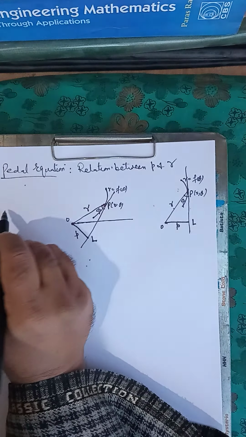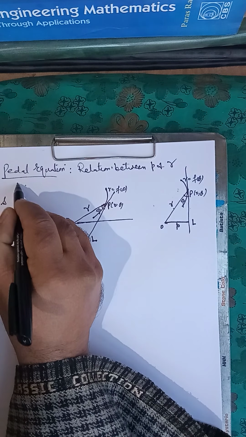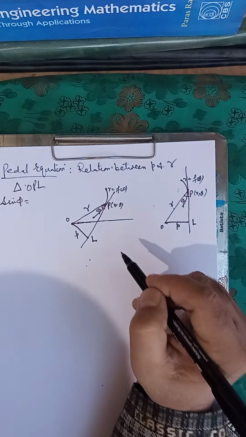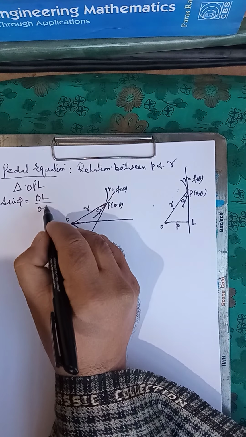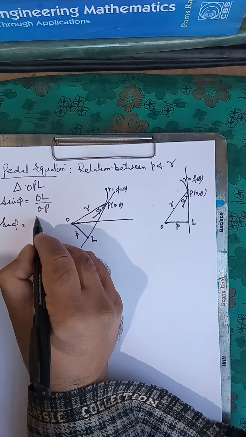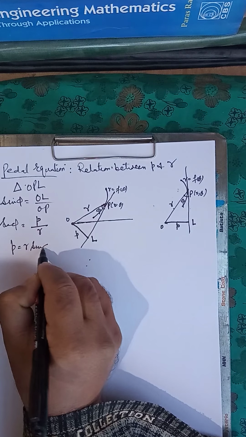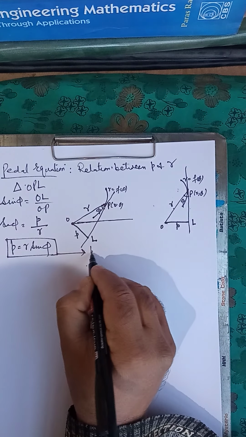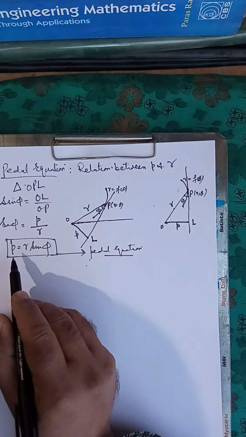You see from this, what is sine phi from the triangle OPL? Sine phi is perpendicular by hypotenuse, OL by OP. So sine phi: OL is p, OP is r. So p is equal to r sine phi. This is known as the pedal equation, the relation between p and r.